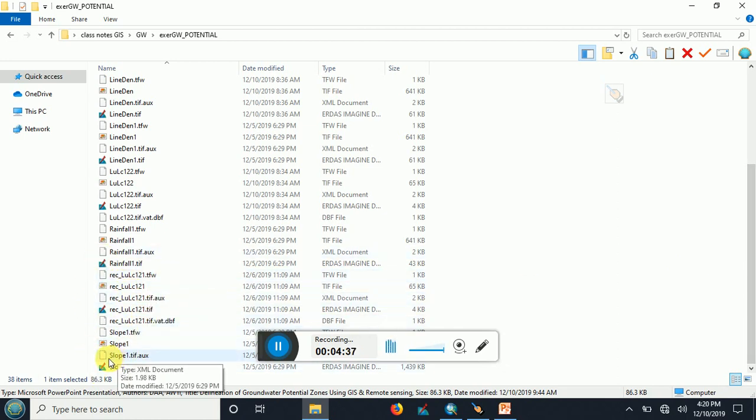So for this specific example, we will use these 5 factors which we believe will affect the groundwater potential of this area. So we will process them in ArcMap, and finally we will have the groundwater potential zone. So please open your ArcMap.